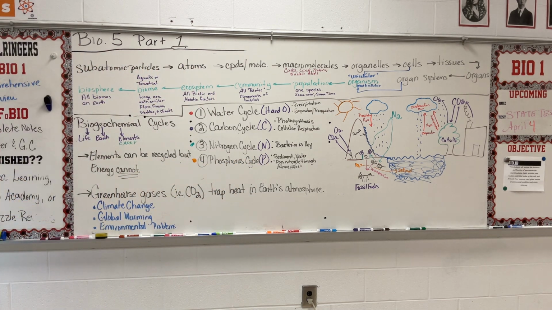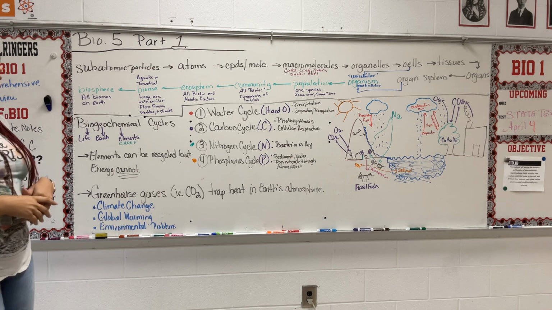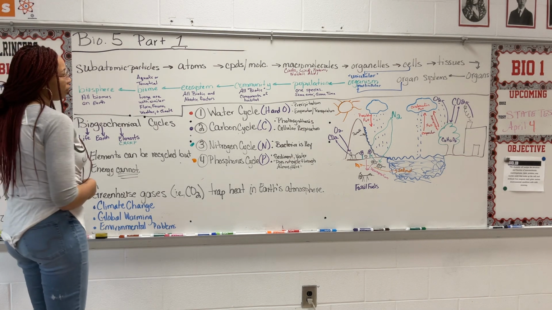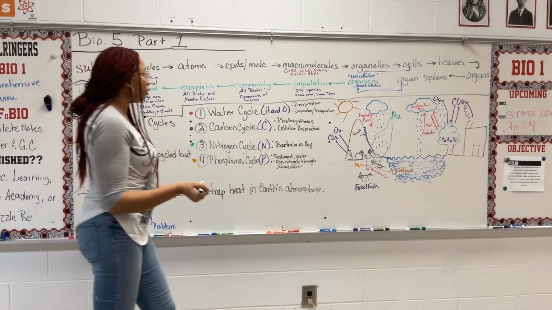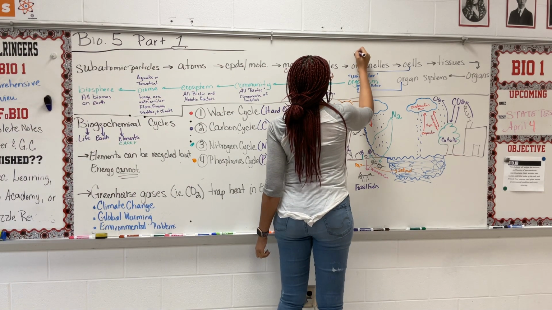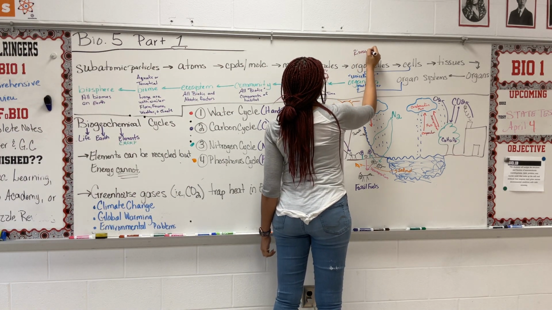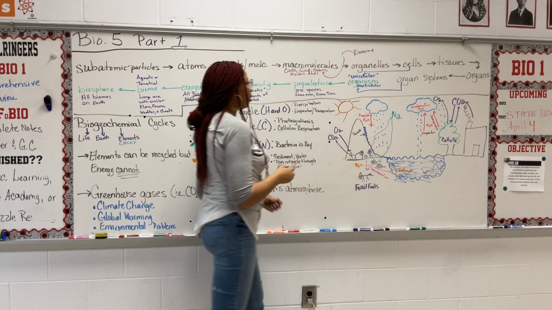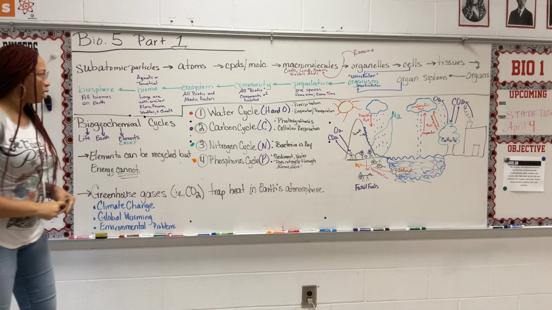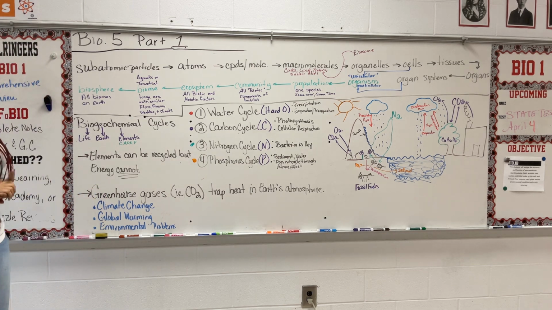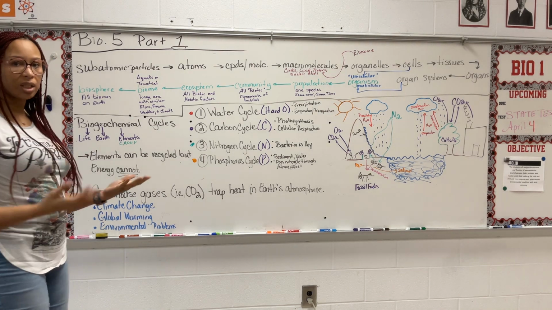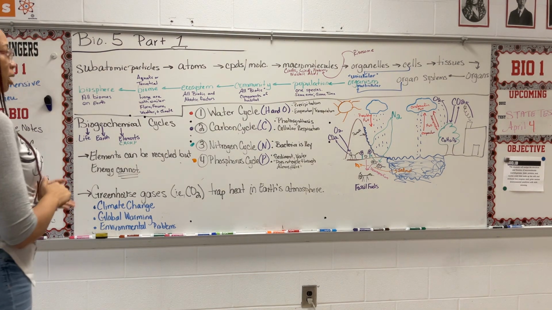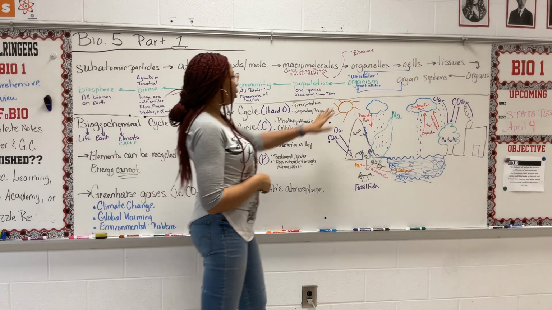These macromolecules are produced by organelles, and organelles are things inside of cells that perform the task of those cells. For instance, one of the organelles that we look at is called a ribosome, and we know that ribosomes are used to assemble the amino acids which make proteins. All right, so then we have the organelles. The organelles are found inside of cells. Now, if I'm talking about a unicellular organism, it is composed of one cell.